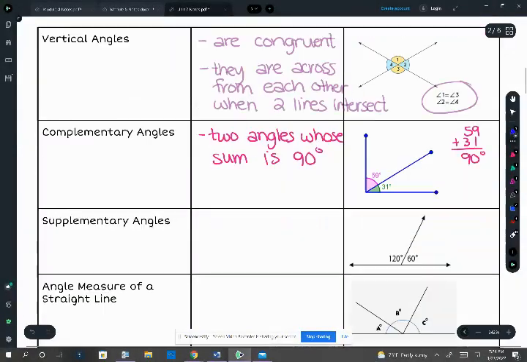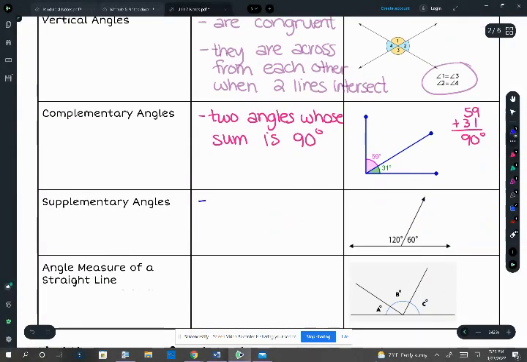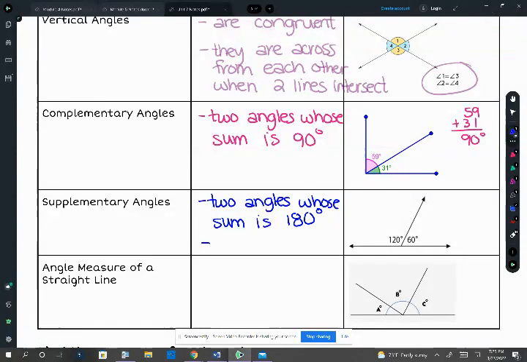Supplementary angles are 2 angles that add up to 180 degrees. These are also called a linear pair, so they form a line.